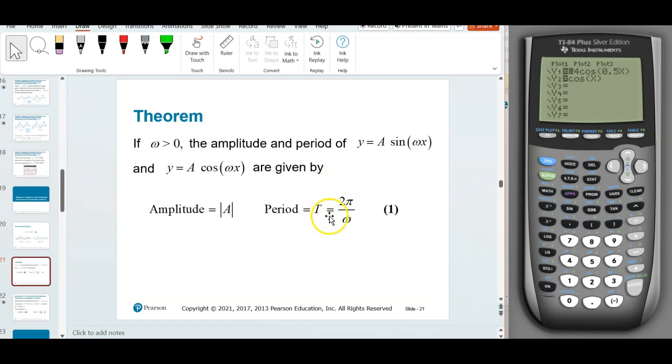And it typically is 2 pi, but if there's a number in front of x, then that is dividing that period because it's speeding us up through there. Remember that when we had a 2 there, we were saying we're getting through the wave twice as fast. But that means the period would be 2 pi divided by 2, or pi. It would get us through there in pi units rather than 2 pi units. So that's how we calculate the period, by dividing 2 pi by that number in front of x.